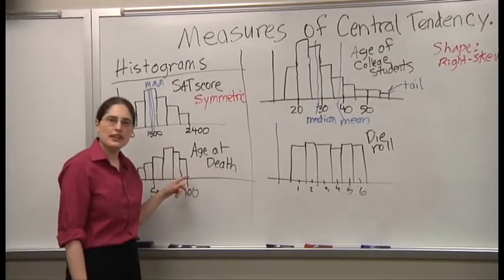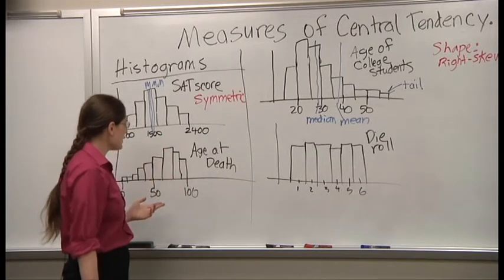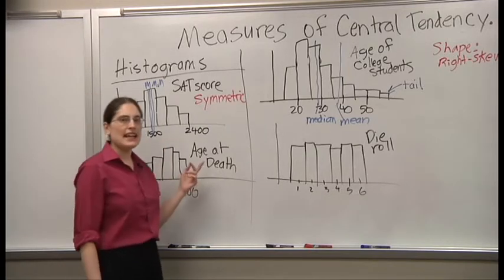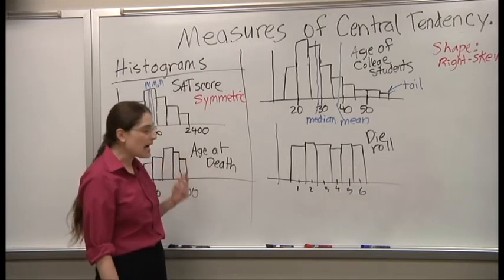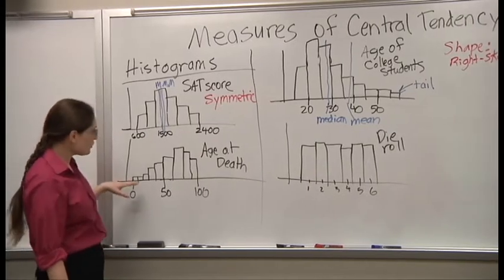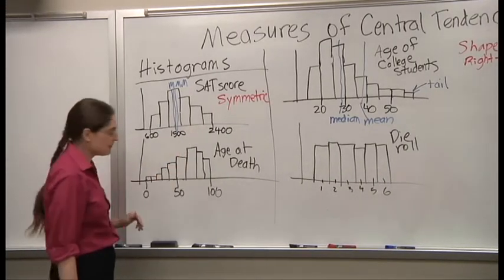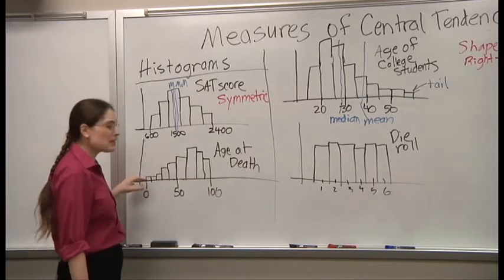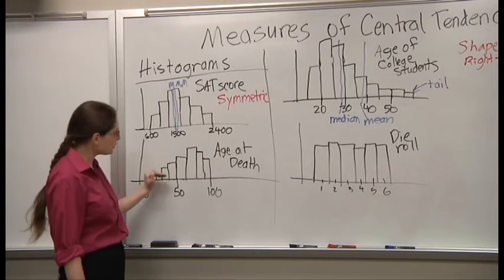This is an approximate histogram of the ages at which people in America die. Very few people, in fact, I think I didn't make it dramatic enough. Very few people die in childhood or early adulthood.